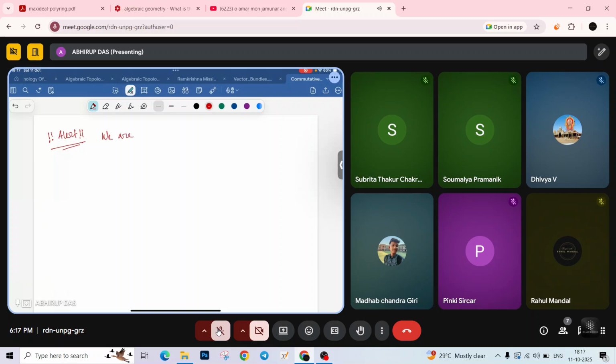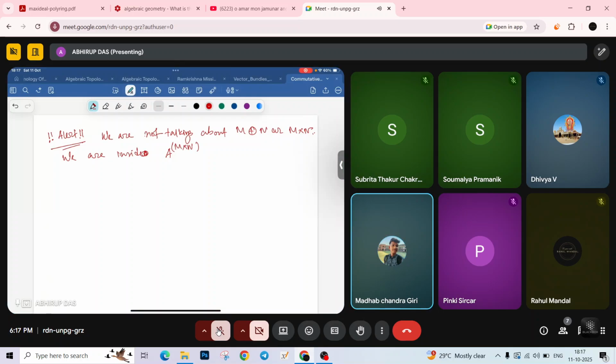We are not talking about M direct sum N or M cross N. We are inside A to the power M cross N, which is a different beast altogether. So a priori, you don't have those things.